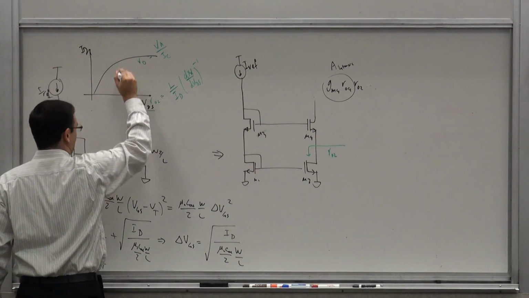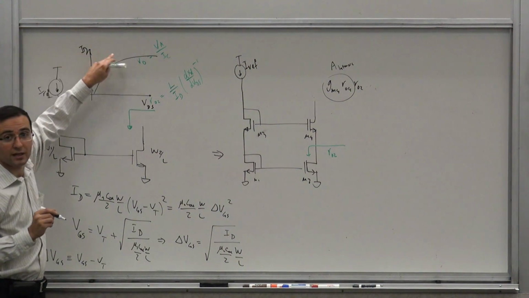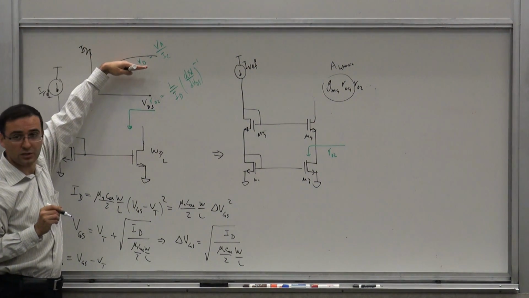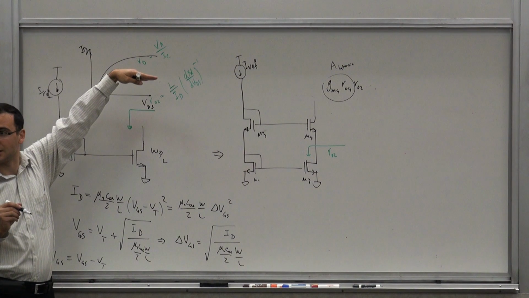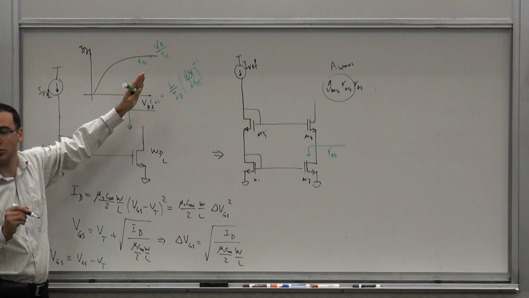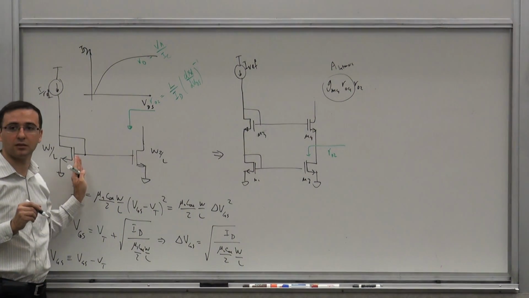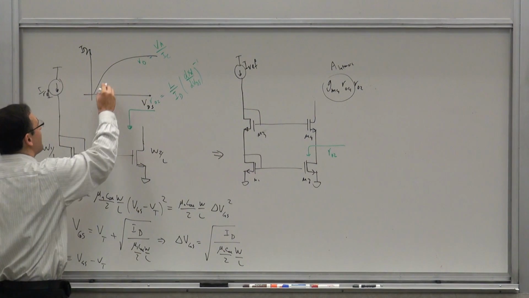You want to be here. That's where you have a high impedance. This is the V over I. Right? So the shallower the slope, the higher the resistance. But now here you have a low resistance situation. So then this is not going to be a current source, and this current will not be a mirrored version of that current. So this is basically how far it can go.